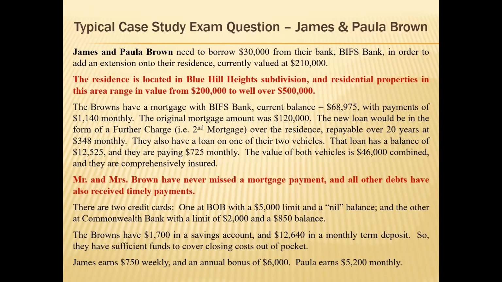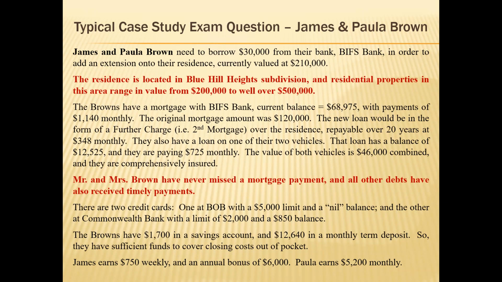So the 2 sections that have been added are in brown from the original assignment that we looked at. So James and Paula Brown need to borrow $30,000 from this bank in order to add an extension onto their residence value of $210,000. The residence is located in Blue Hill Heights subdivision, and residential properties in this area range in value from $200,000 to well over $500,000.